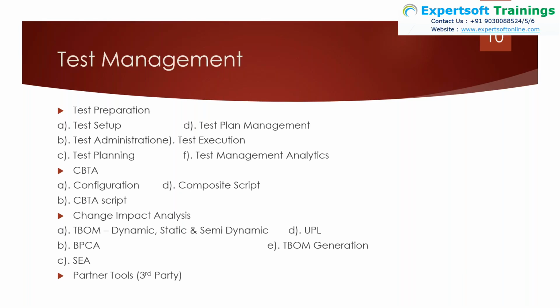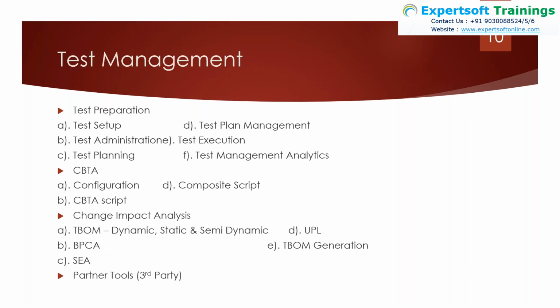You don't know which areas of that business process, or of other business processes, are impacted by your change. If you want to analyze this impact, you run a report called business process change analysis, which is what we call BPCA.